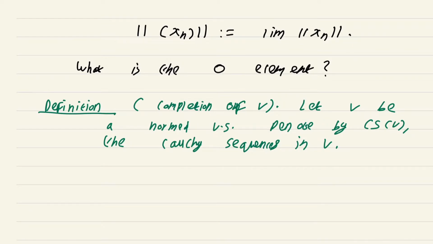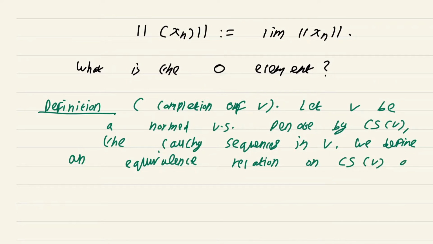Now, as we have observed, there are multiple Cauchy sequences that converge to the same point. So we need to identify certain Cauchy sequences, and the perfect way to do it is to use equivalence relations. We define an equivalence relation on CS of V as follows.